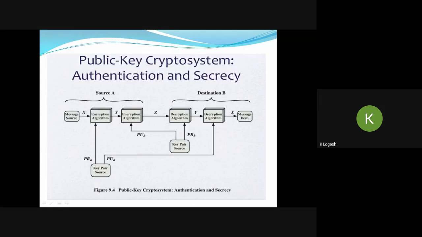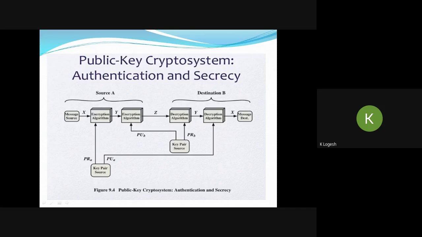Y. Y is nothing but encryption of private key of A with the X. So the equation is like this, it is there in the chat box. Z equal to E of public key, comma, encryption of private key with the message X. That second E of PR comma X is nothing but Y.